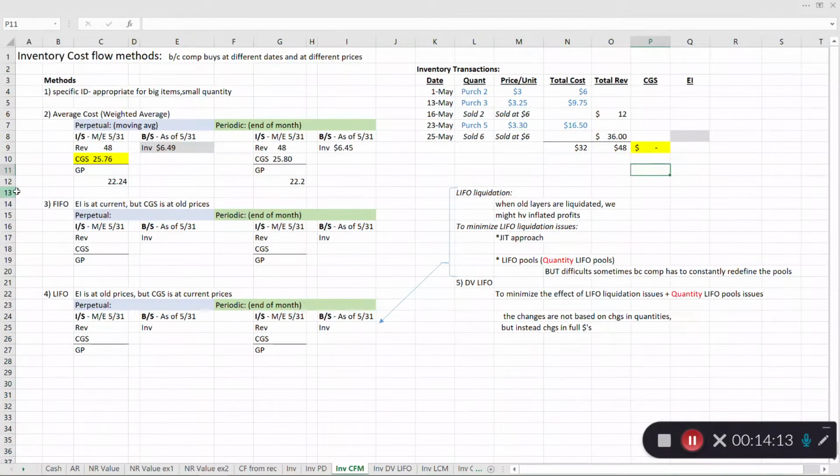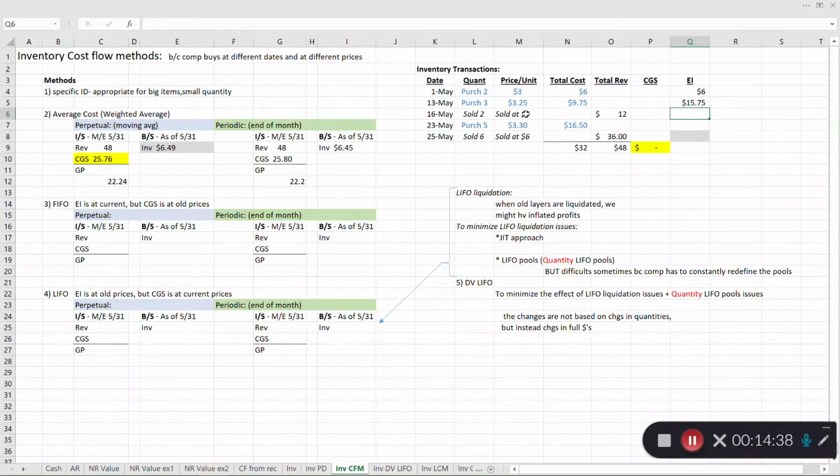So if I am, let's start with perpetual. If I am using the perpetual inventory system, I'm going to go line by line trying to figure out what my cost of goods sold is. So we determined that ending inventory here was 6, that here was 6 plus the new purchases. And then now I sold 2 at $6 each, I sold them.